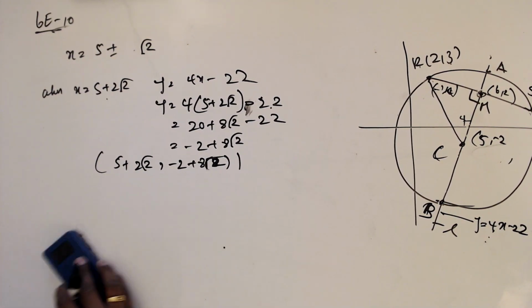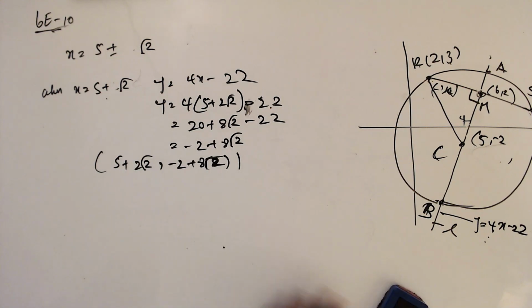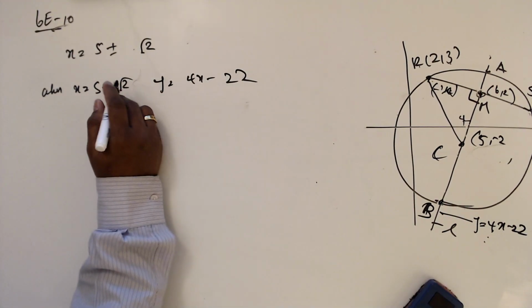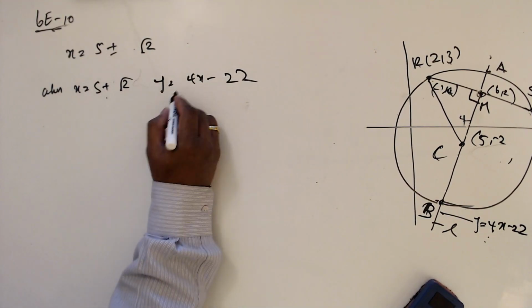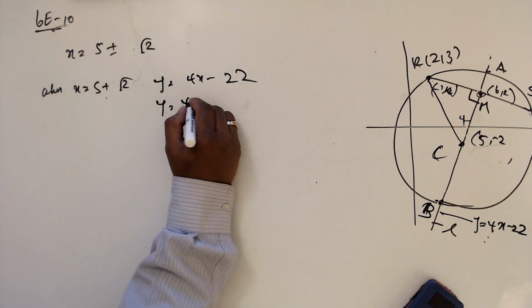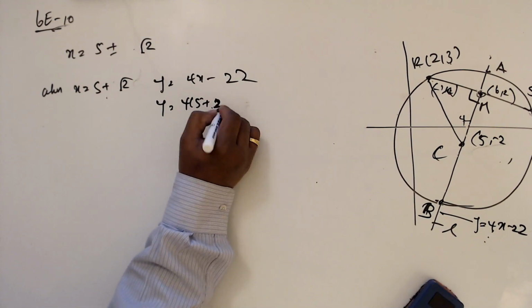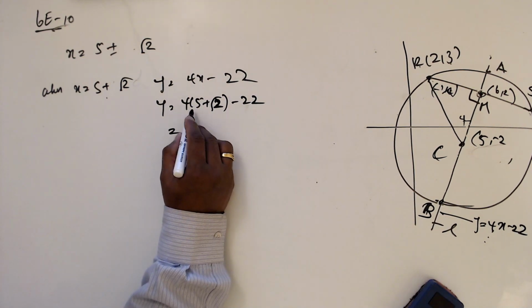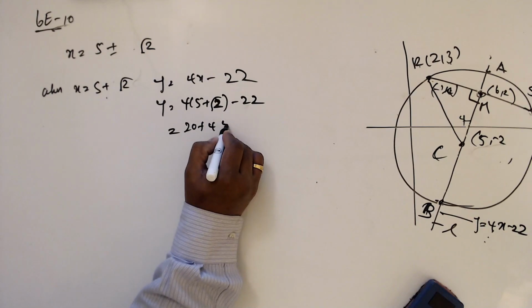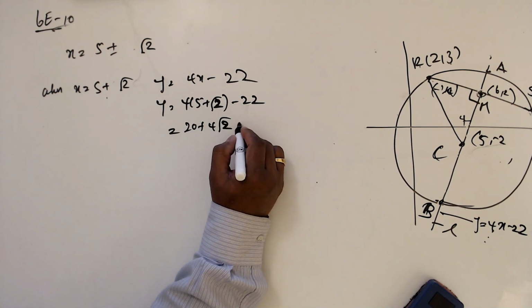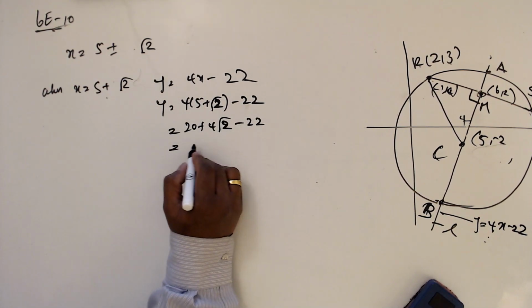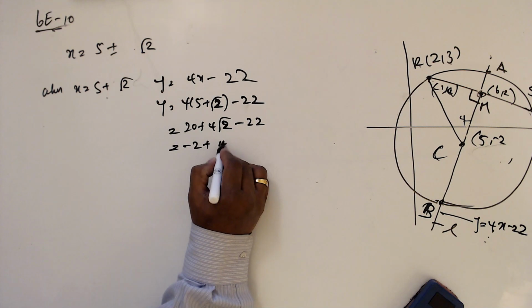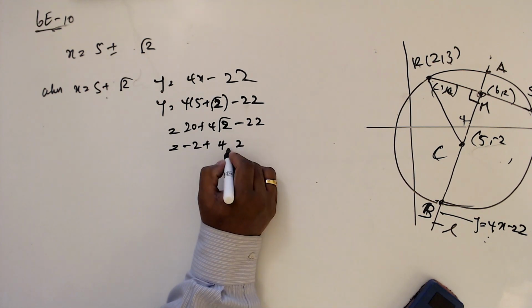Now x equals 5 plus square root 2, so y equals 4 times 5 plus square root 2, minus 22. So this is going to be 4 times 5, 20, plus 4 square root 2, minus 22. So minus 2 plus 4 square root 2.